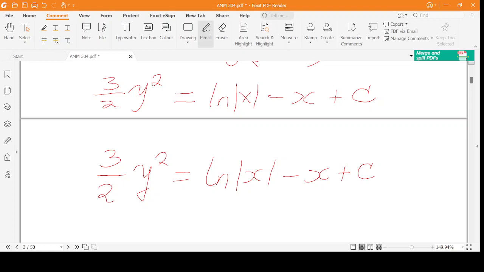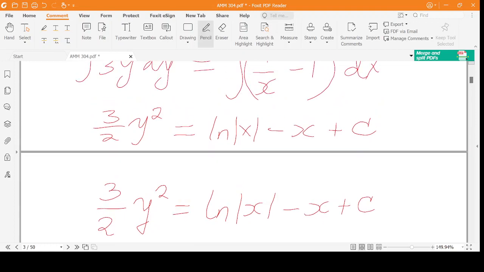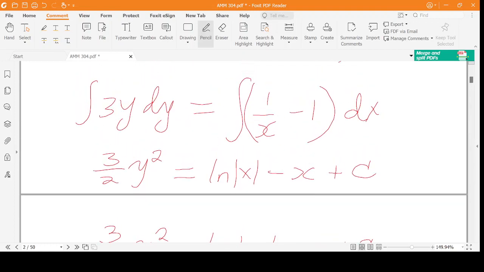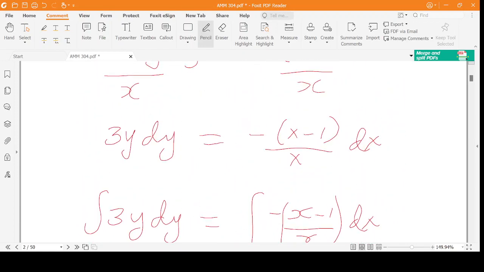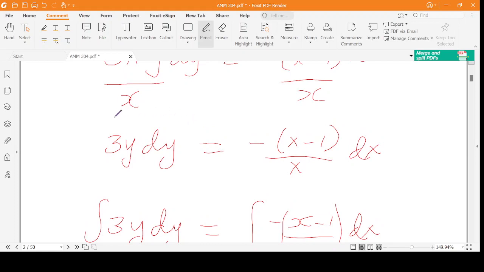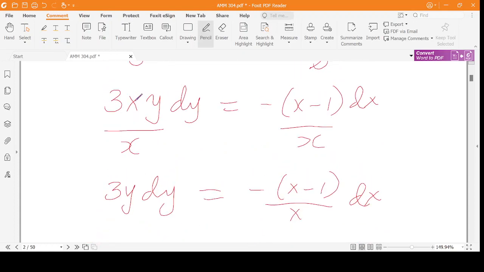So note that before we start integrating, the key thing here is that we must separate the variables, so that on the left hand side we have only the variable y, and on the right hand side we have the variable x only. So don't start integrating at a point where we have x and y.